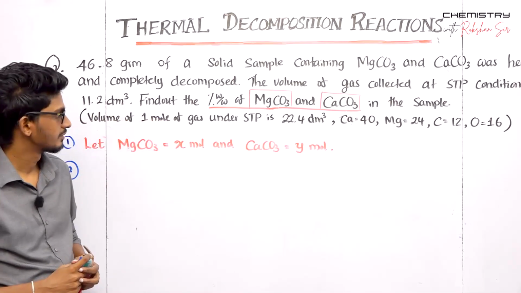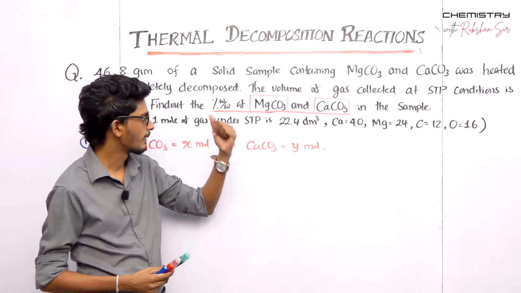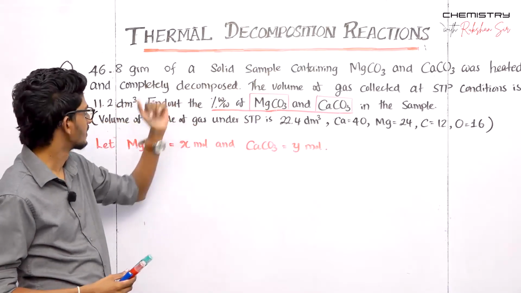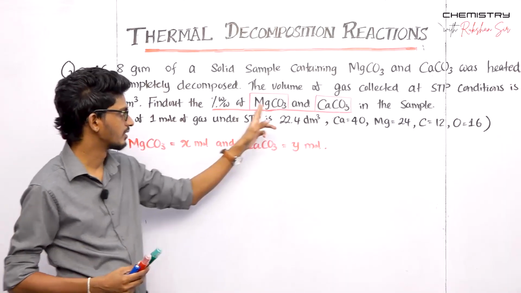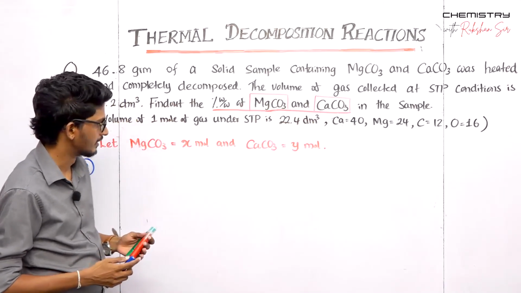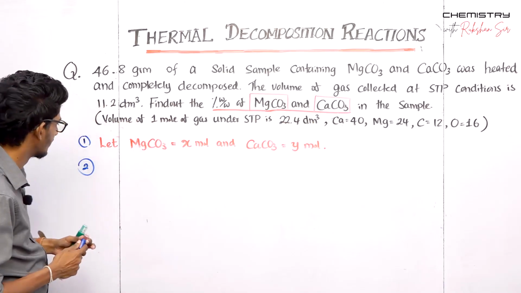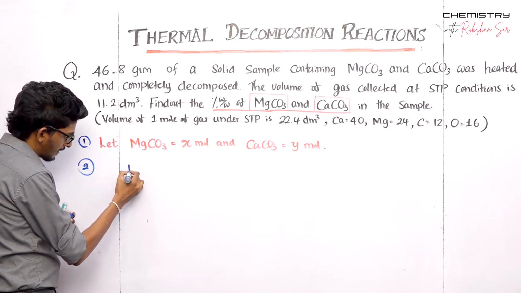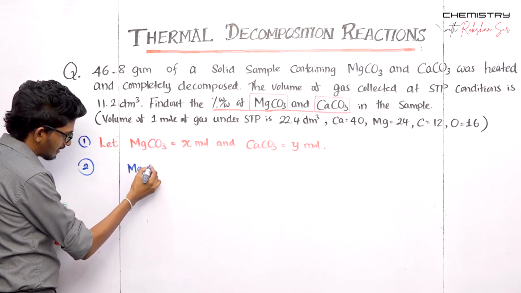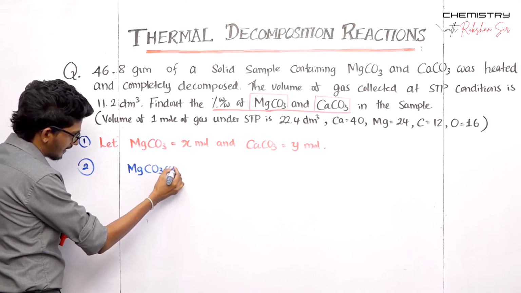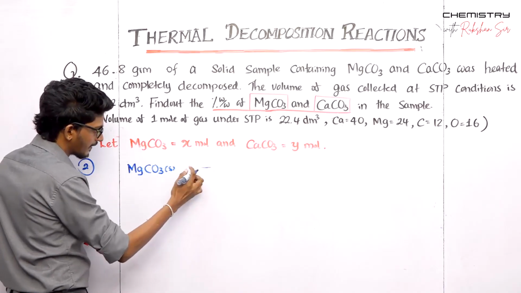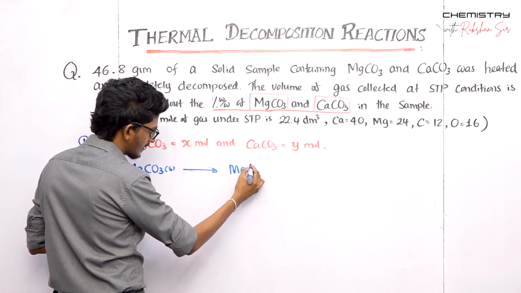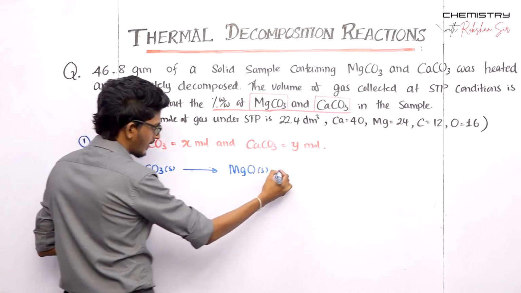What are the equations? Basically they are the thermal decomposition of magnesium carbonate and calcium carbonate. So let's come up with those two equations. The magnesium carbonate will decompose, giving you magnesium oxide, as it's a moderately active metal, and CO2.